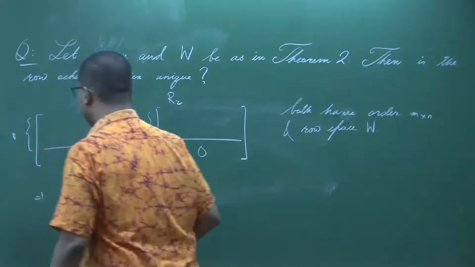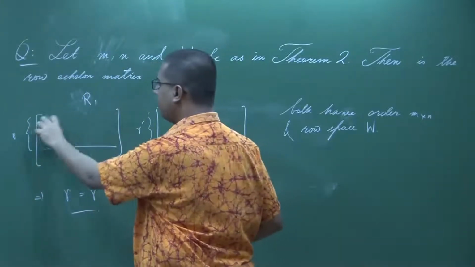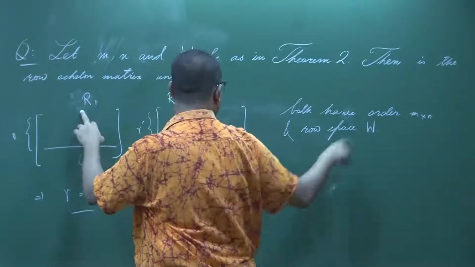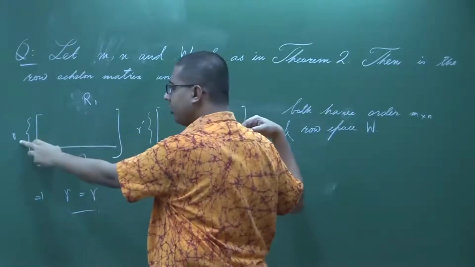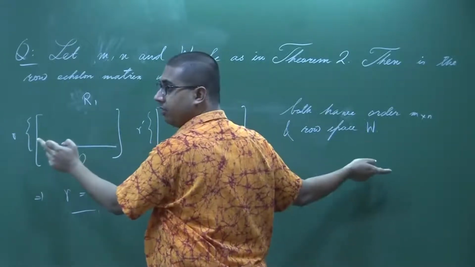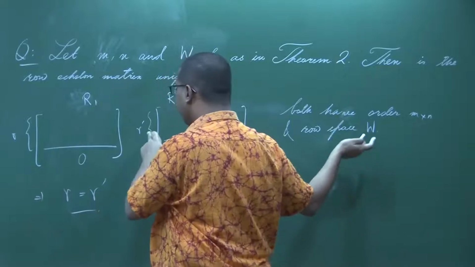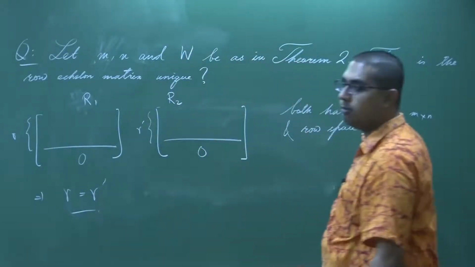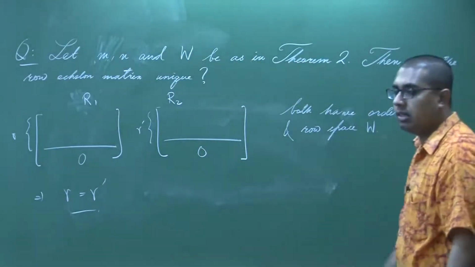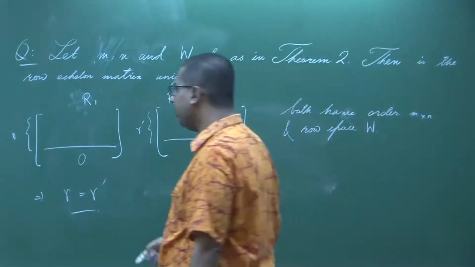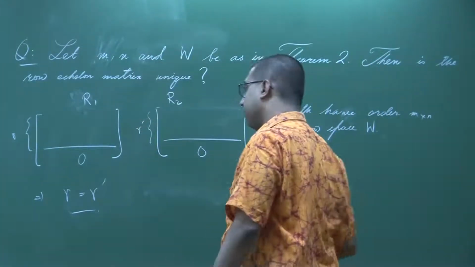Why? Since W is the row space of R1, the number of non-zero rows r should be the dimension of W. Similarly, R2 also has row space W, so r prime should be the dimension of W. Therefore r must be equal to r prime.